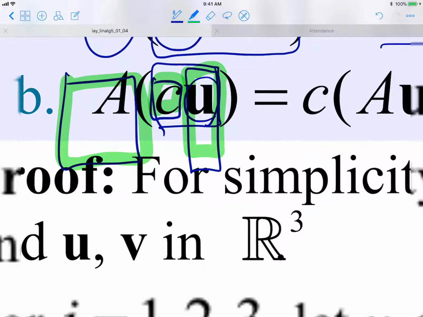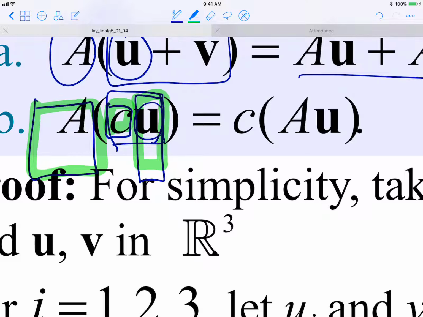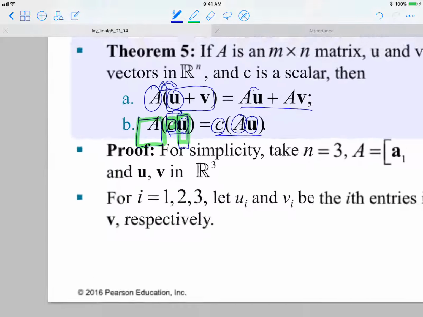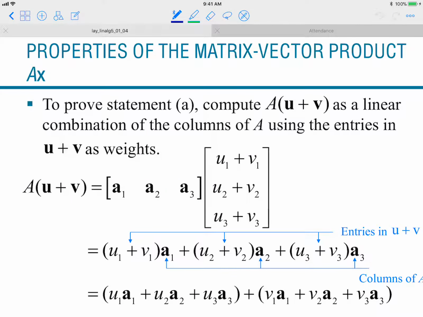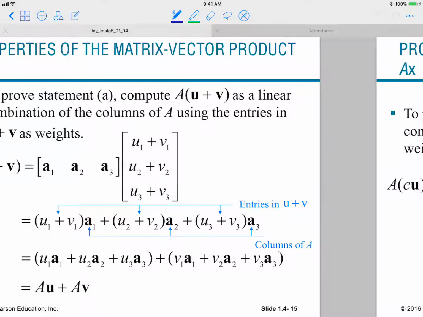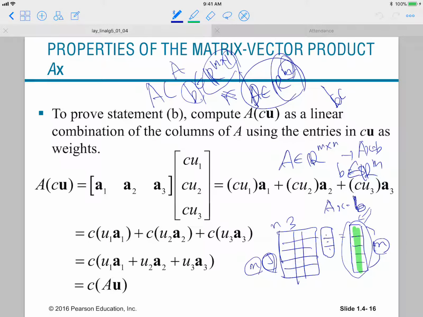The scalar multiple of this vector u can be reordered so that we do the matrix times vector multiplication, and then we just do the scalar multiple on the resulting vector. Okay. And I will skip the proof.